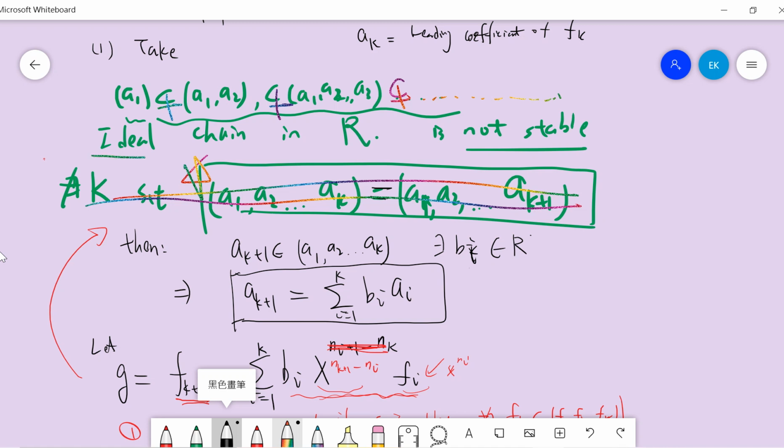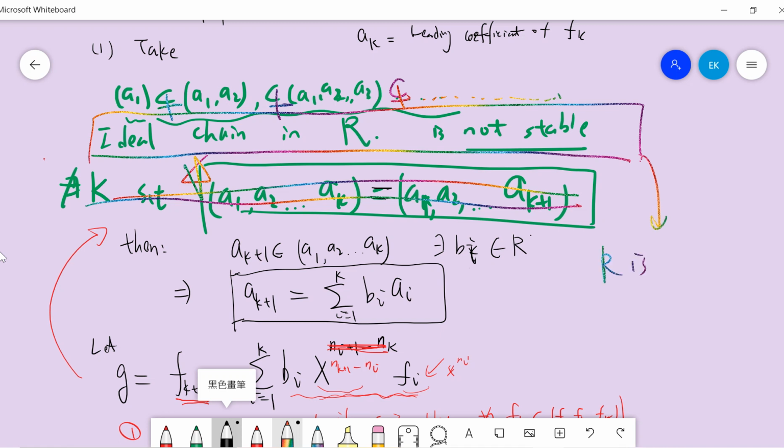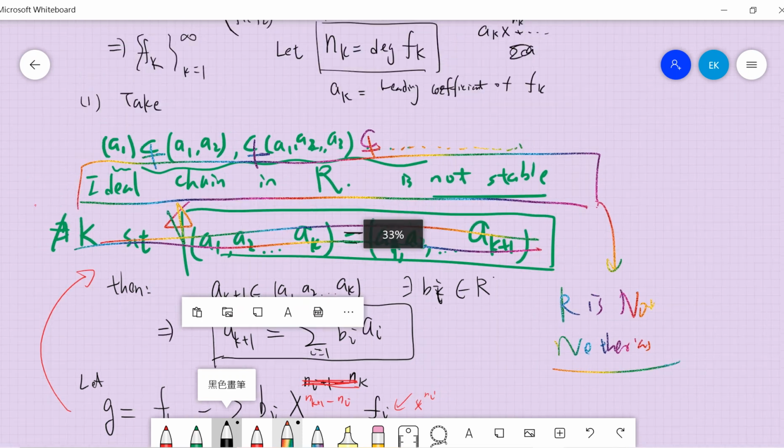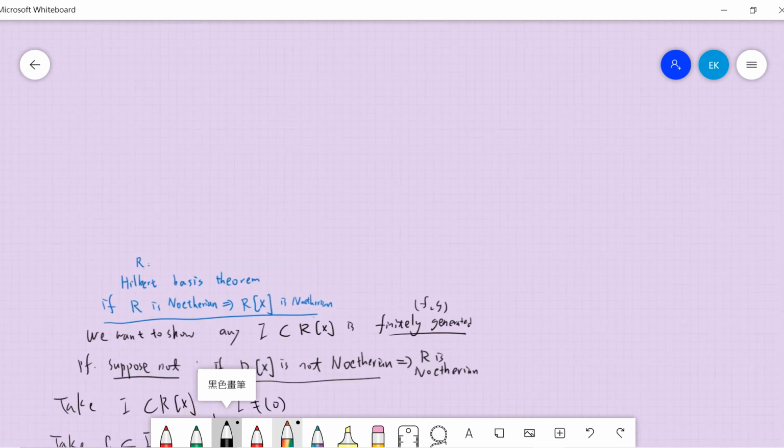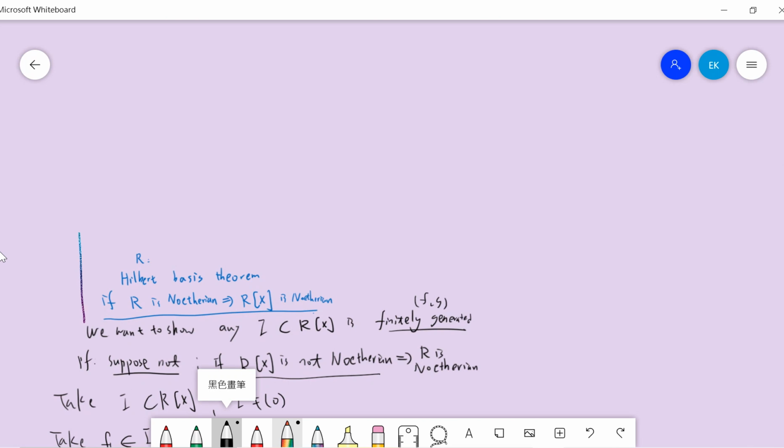Then we can show that the ideal chain in R is not stable, which tells you that R is not Noetherian. So we have shown the original Hilbert basis theorem. We prove it.